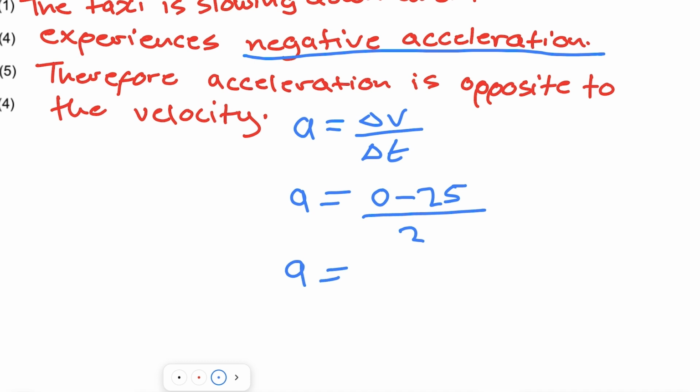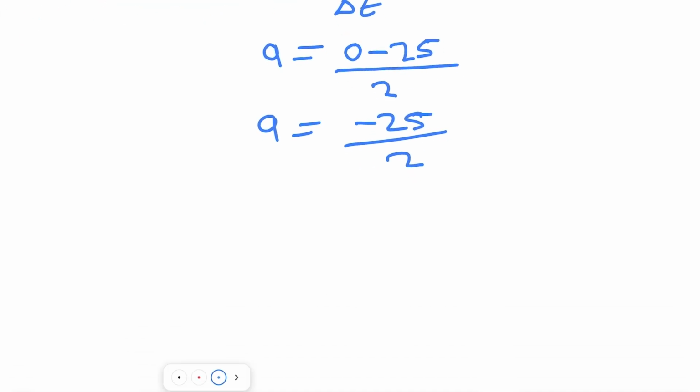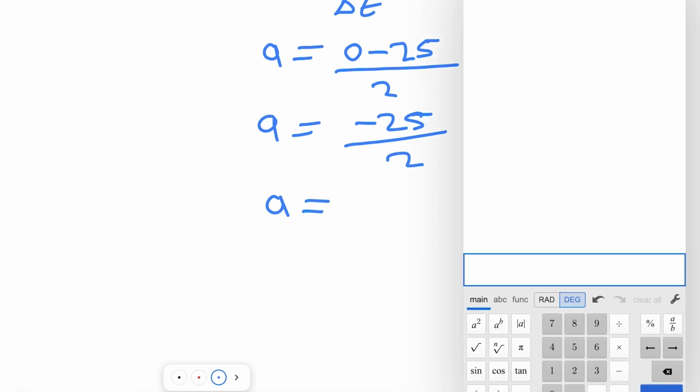Let's bring in our calculator: negative 25 divided by 2.